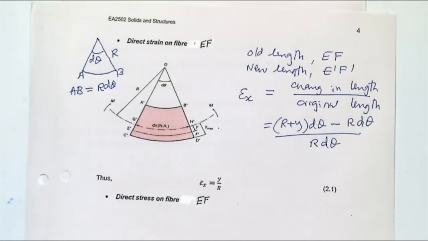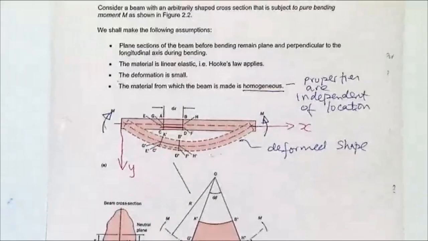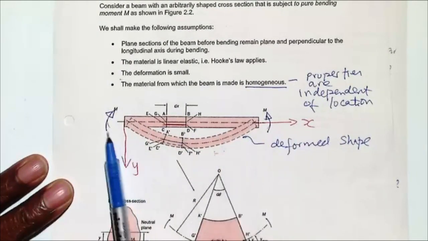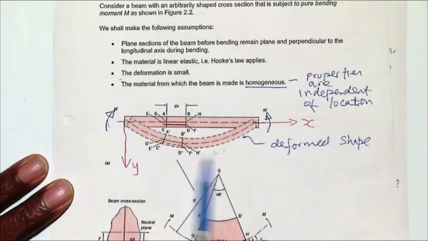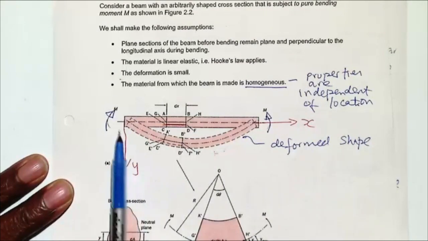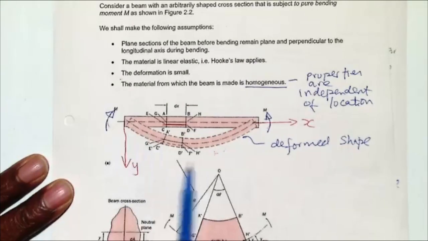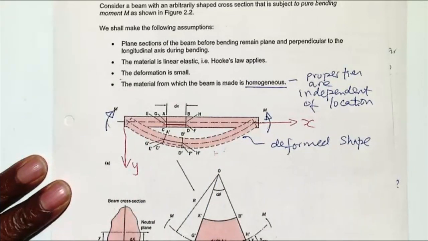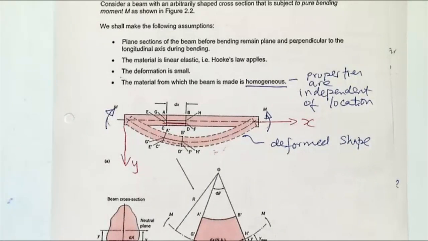Let me go back to the diagram. The beam was initially straight, and you apply your load, and the beam has now bent. So you are changing the length along here. You then ask, what is the magnitude of the change in length?